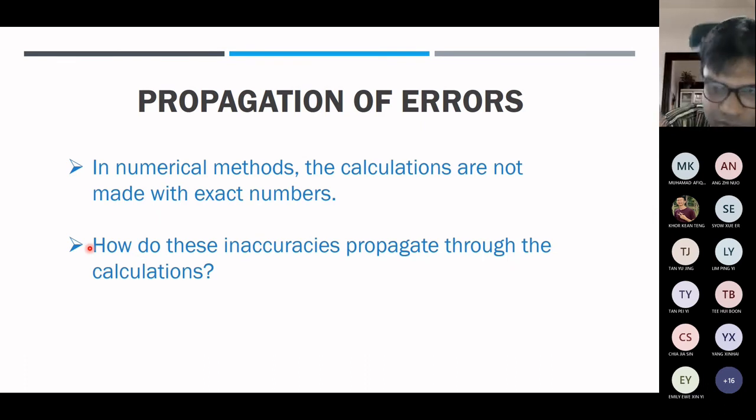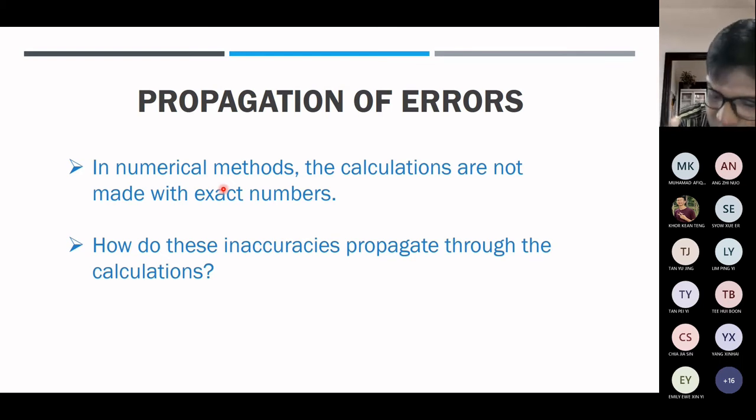So what will happen? This inaccuracy propagates through the calculation. How does this inaccuracy propagate through the calculation? This is due to the primary error, which causes the secondary error, which is the propagation error.